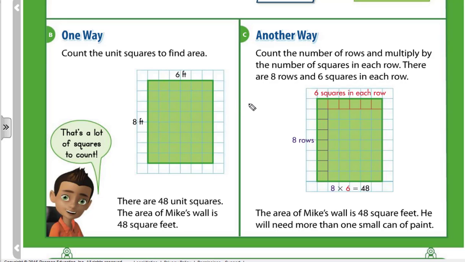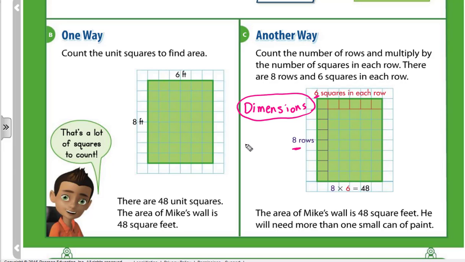My heroes, I have something called dimensions. What are the dimensions? The dimensions here are 8 and 6. We call the 8 length. How tall or how high is the wall?